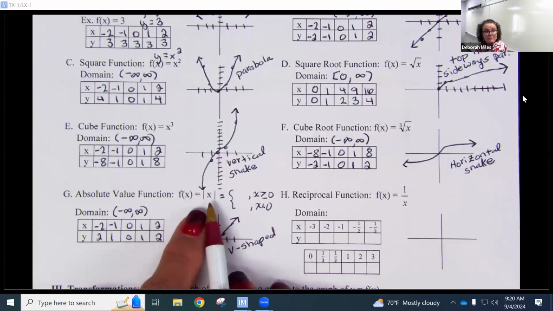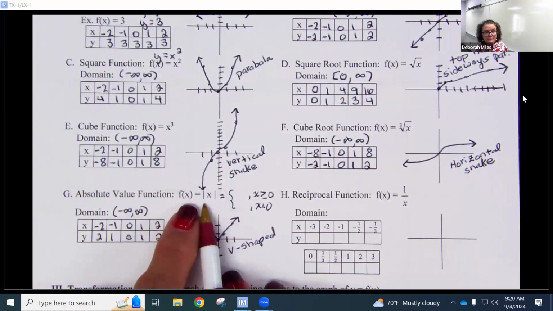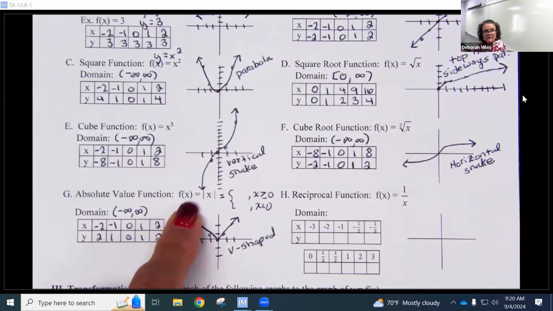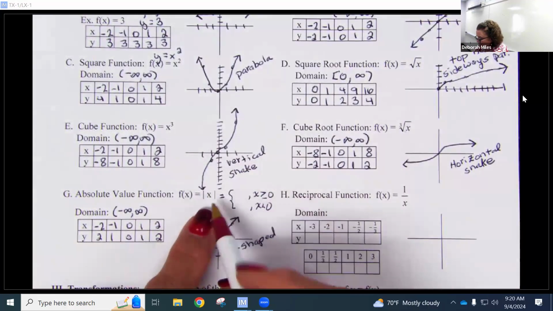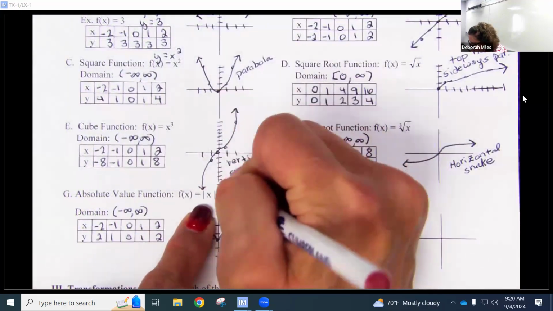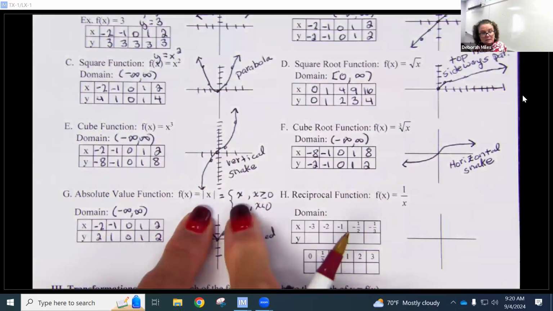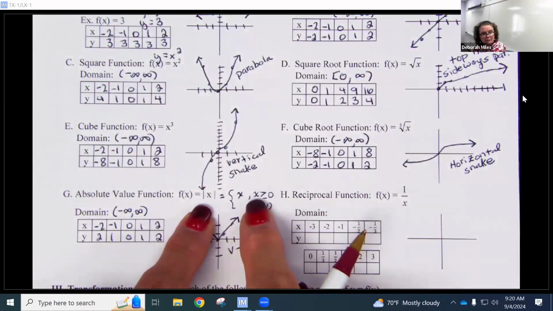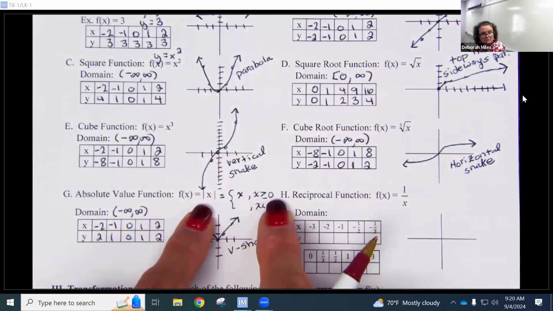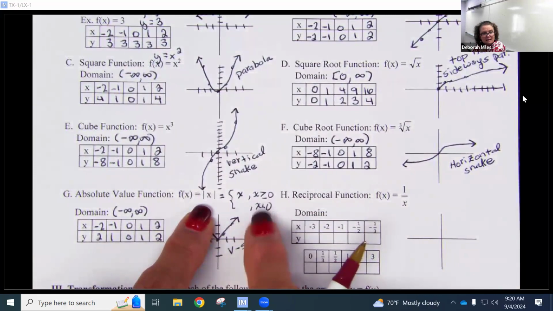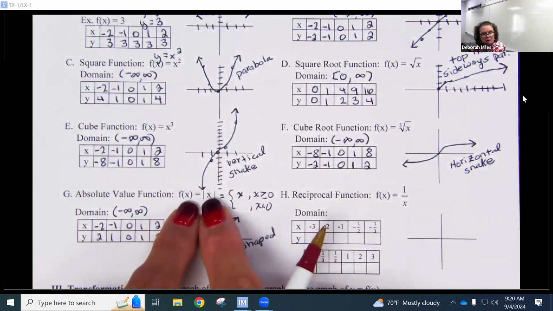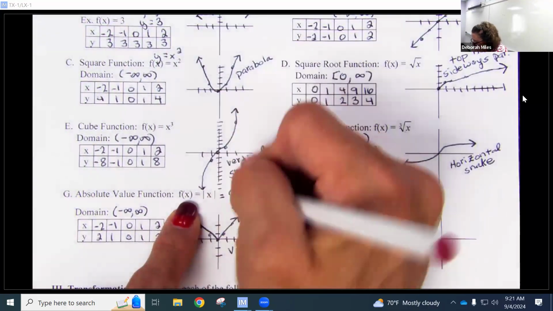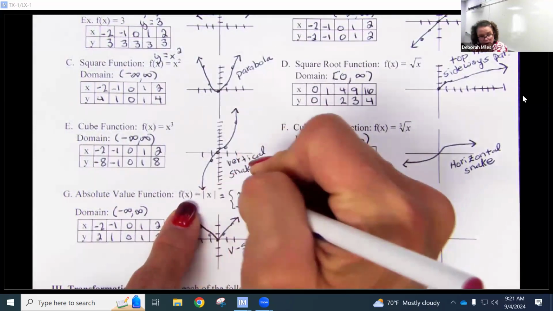If I put a positive number into the absolute value function, I get out the same thing I put in. If I put in a 7, I get out a 7. If I put in a 0, I get out a 0. So the first part of this graph is y equals x, as long as you put in 0 or positive numbers. But if you put a negative number into the absolute value function, you get out the opposite of what you put in.